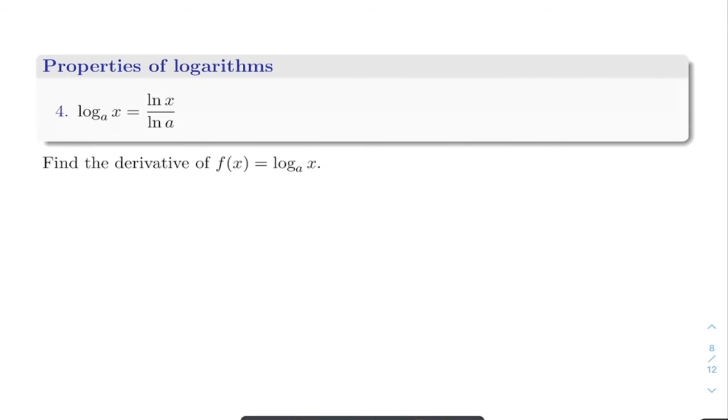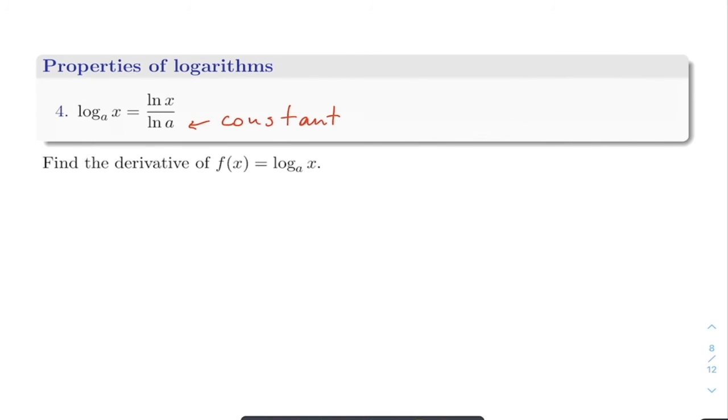Something to keep in mind is that this number in the denominator is a constant. So this is saying that the natural logarithm and the logarithm with any other base are almost the same except for a constant, which is equal to the natural logarithm of a.